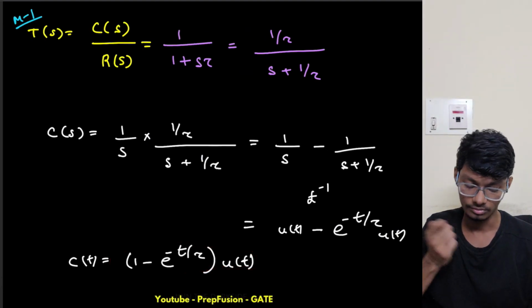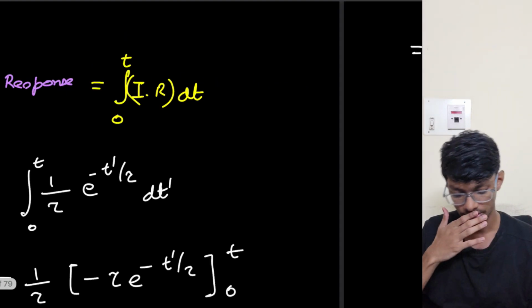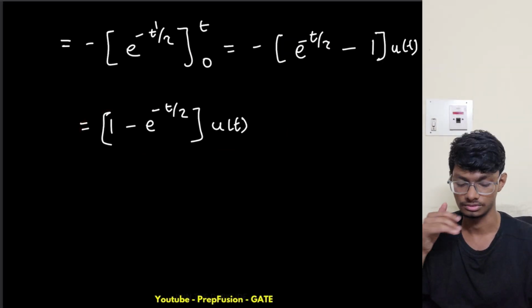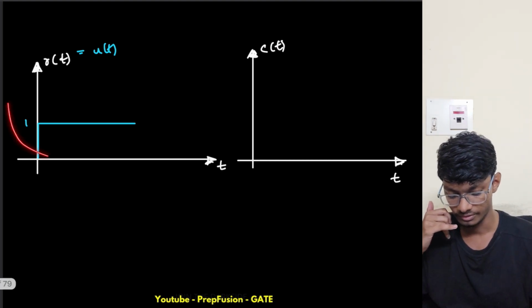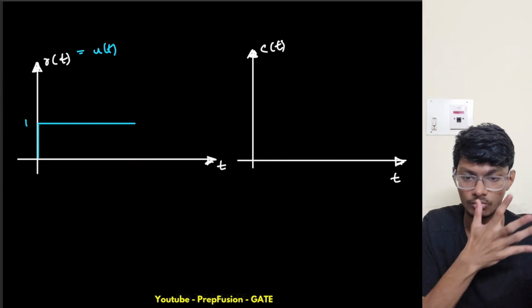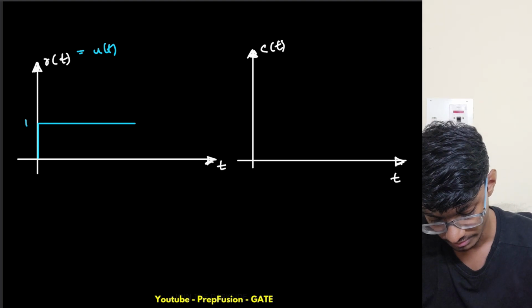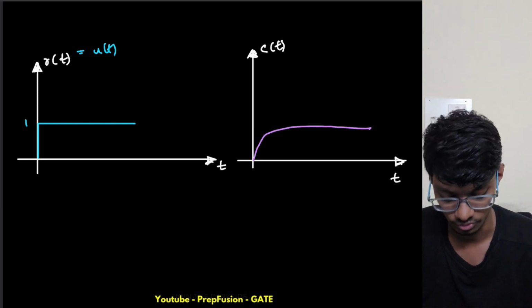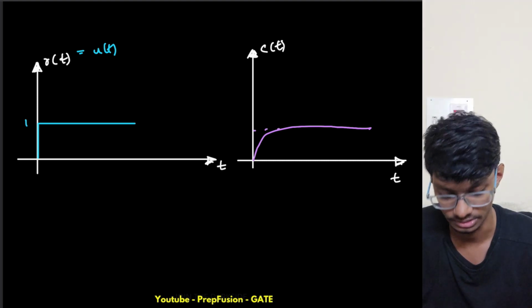So that is what we got here also: 1 minus e raised to power minus t upon tau into u of t. Here also I'm getting the same result, so you can check from here also. So if I give a unit step, the output I'm getting is something like this, for the simple RC low pass filter circuit.